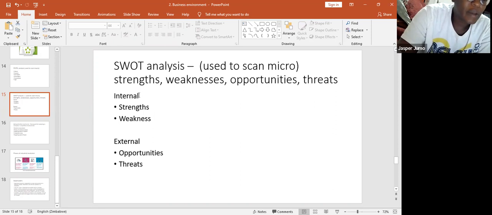Then remember I said SWOT analysis, even though we consider it a micro environment, it also has an element of the external, in the sense that you look at the opportunities. Opportunities are outside the business. So if you have that supermarket, what opportunities are there?